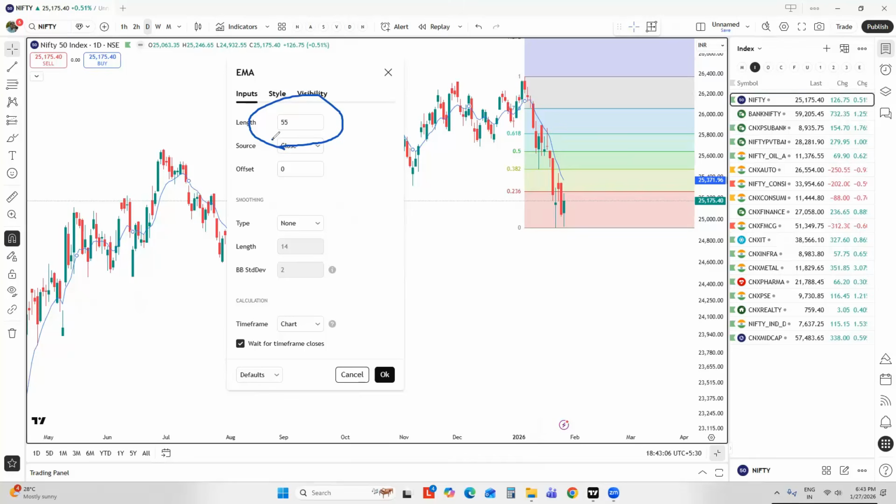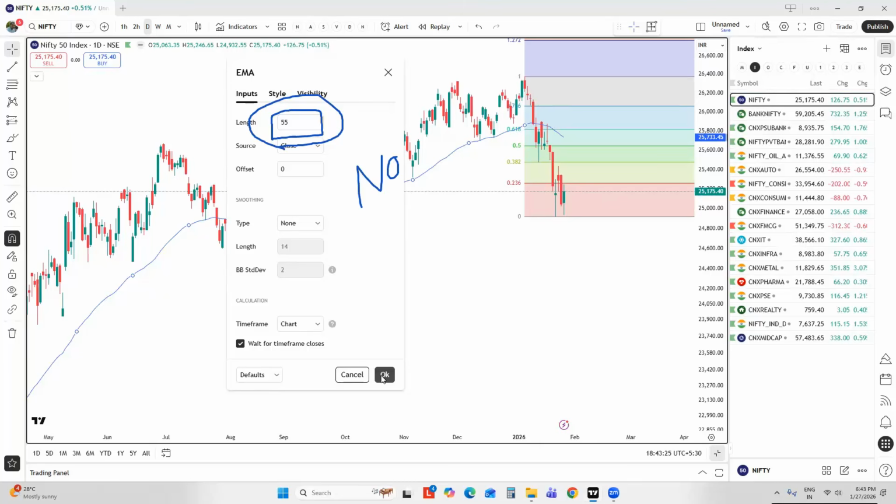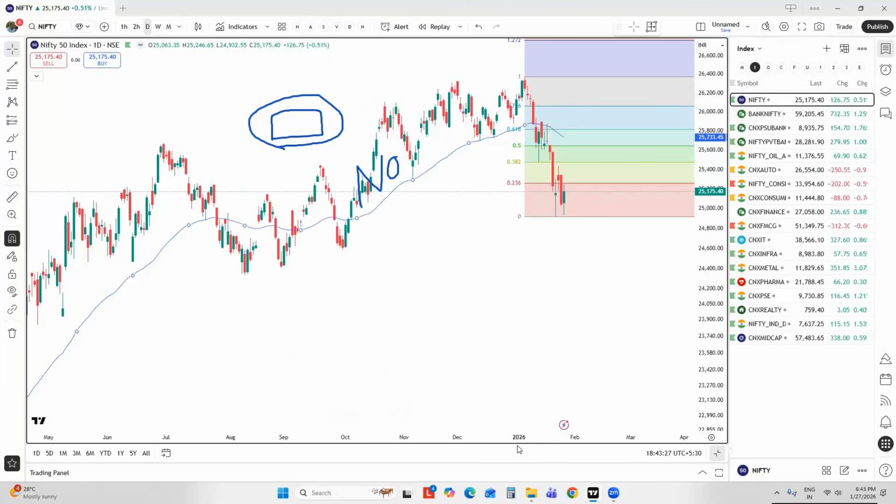Now, is it important to have the 55 exponential moving average as a parameter? The answer is no. Because my friends, if you are building a model or a setup which is parameter centric, then I think your trading setup is not robust in nature. It should be logical enough, and it should work on all markets and all stocks.